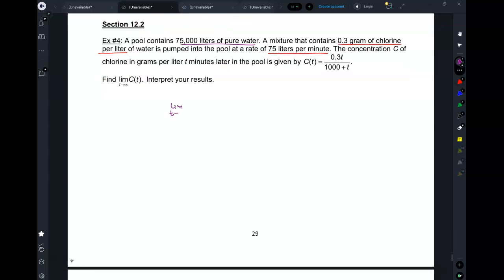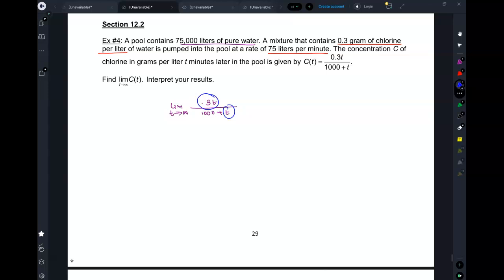So the limit as t approaches infinity of 0.3t over 1,000 plus t. Now, this is a rational function, and we need to find the limit as t approaches infinity. So take the leading term, take the leading term. Do you see how the situation does not matter? In section 2, we learned if you have a polynomial function and you're evaluating the limit at infinity, take the leading term.